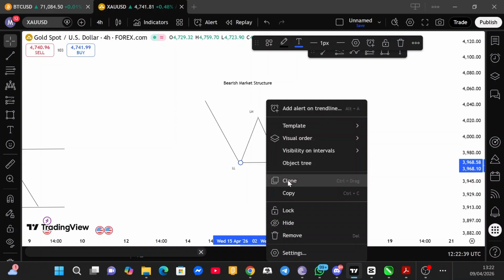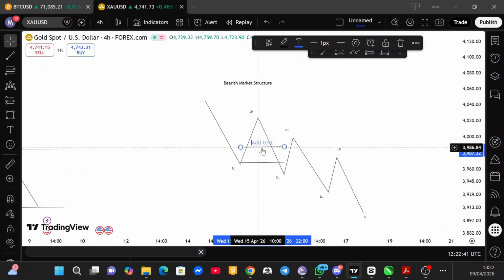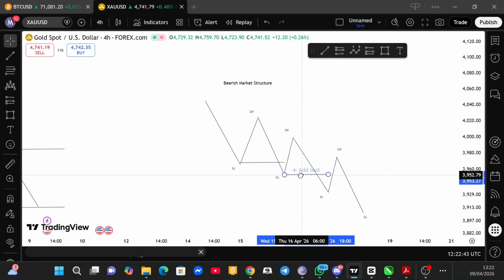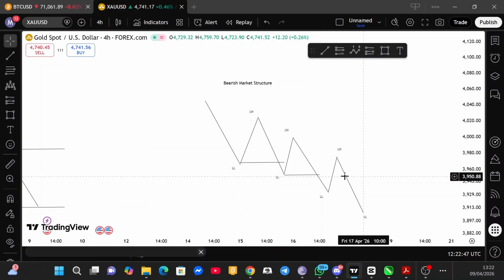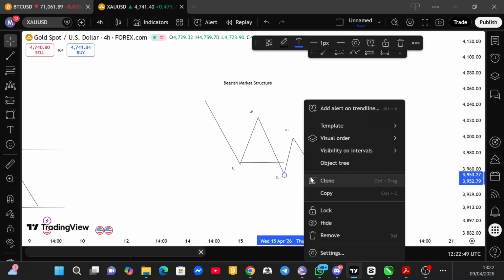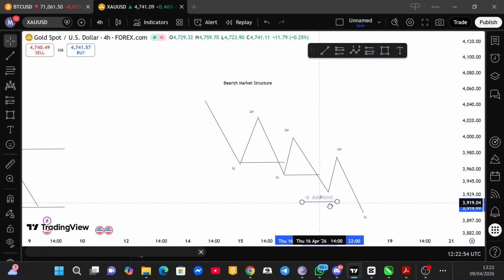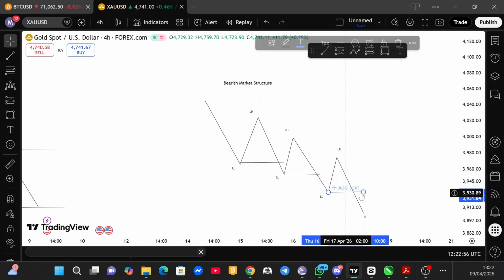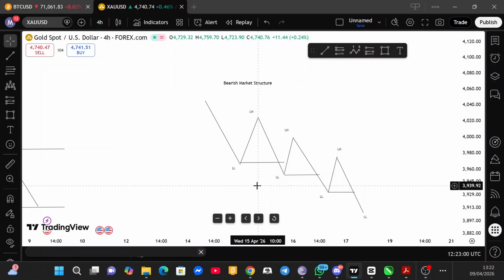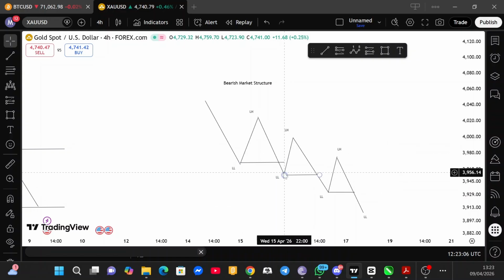Let me clone this. This is a break of structure. Another break of structure. Let me clone this. This is another break of structure. So in a bearish market, when the new low breaks to form a lower low, we call it a break of structure.